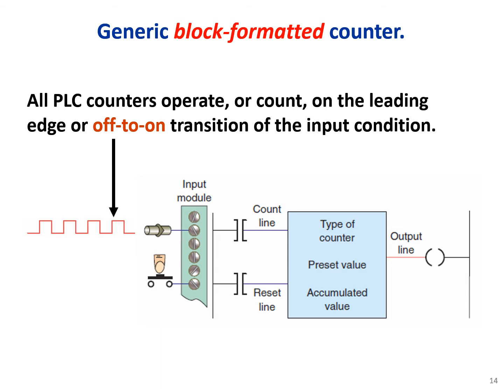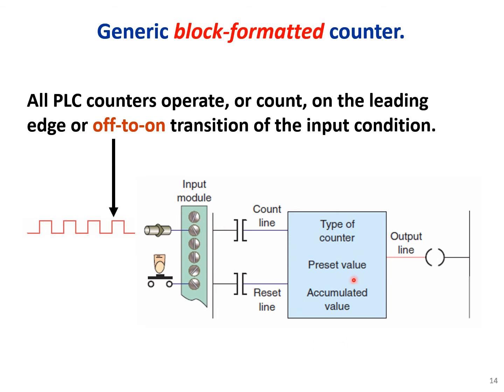Generic block formatted counter. All PLC counters operate or count on the leading edge or off to on transition of the input condition. Okay, so off to on, so this is let's say the proximity sensor. It could be, let's say, an inductive sensor, and every time that the sensor goes off to on, we have a signal.